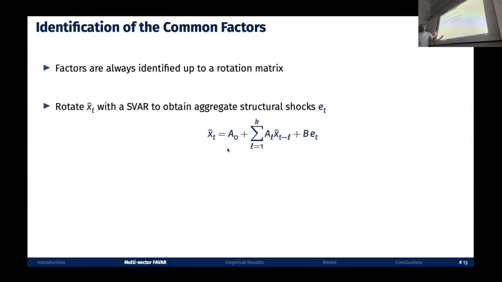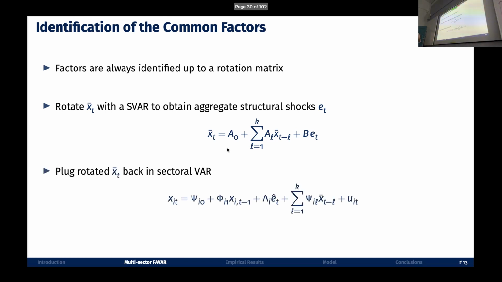What I mean by rotating with an aggregate VAR, I can write this equation here. There is a reduced form residual here, a U, which is what you estimate. And then I can just choose a suitable rotation matrix that gives me orthogonal series of shocks, but then I can interpret in an economically meaningful way.